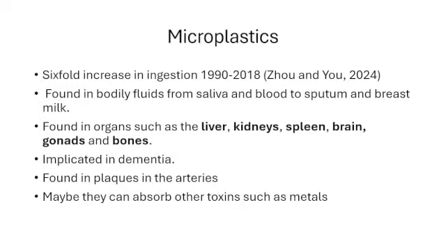They're found in the plaques that develop in arteries. They've been implicated in dementia. People suffering from dementia seem to have more microplastics in their bodies and their nervous systems.